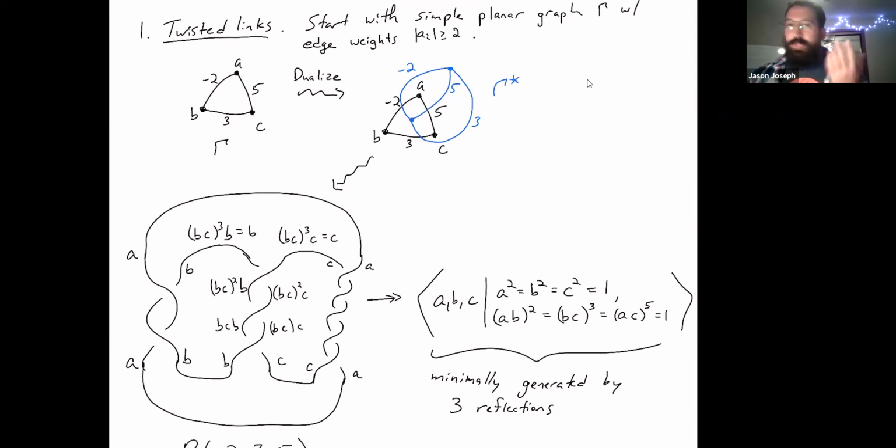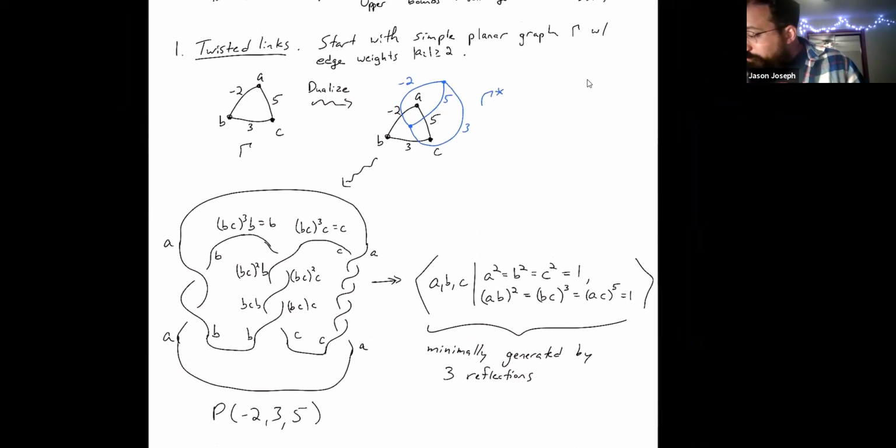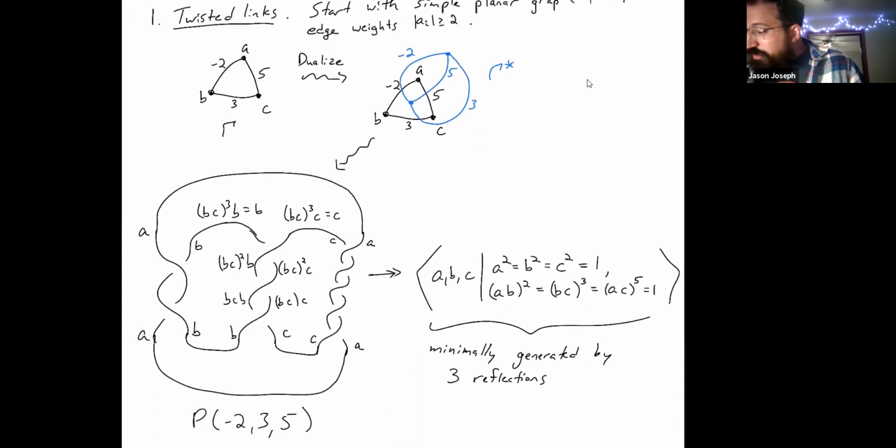so Coxeter groups, they all have rank 2, or at least this one does, but we're sending meridians specifically to reflections, which it's known that you need at least 3 reflections to generate this Coxeter group, for example.